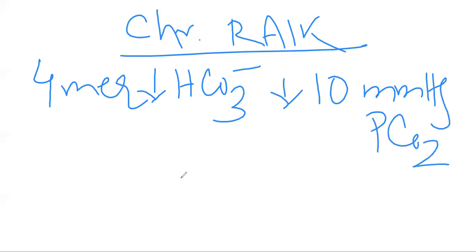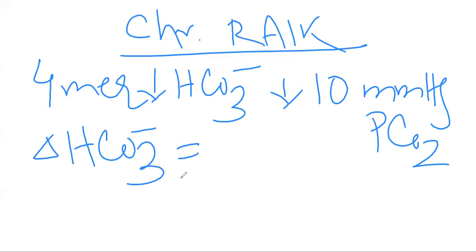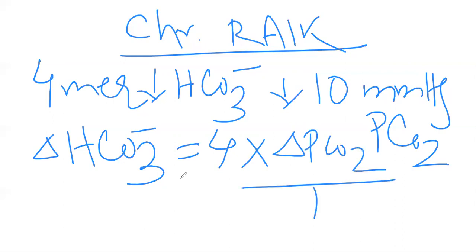So the related formula here, the Winter formula or delta delta formula, to check the compensation or the secondary disorder, the expected bicarbonate value should be 4 into delta PCO2 divided by 10.